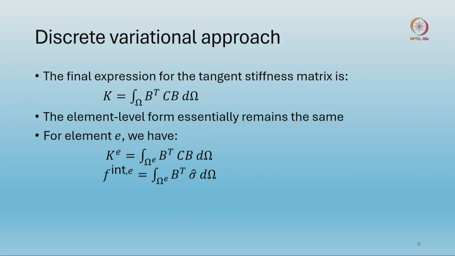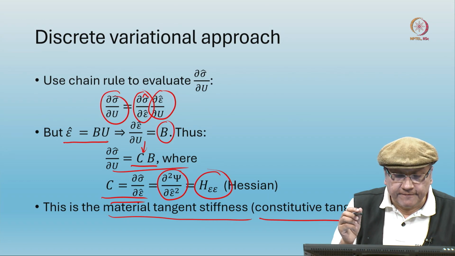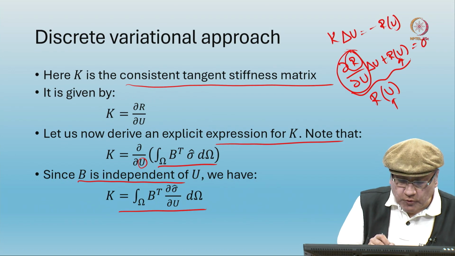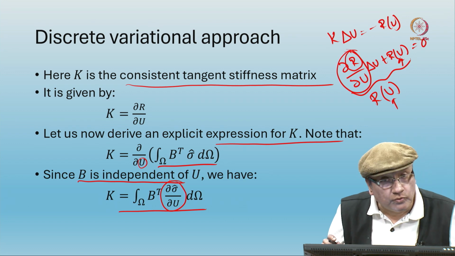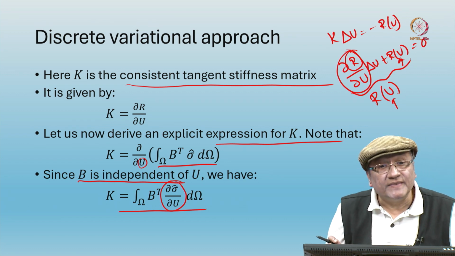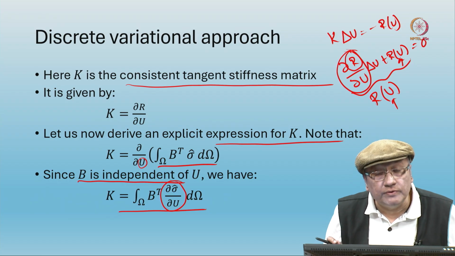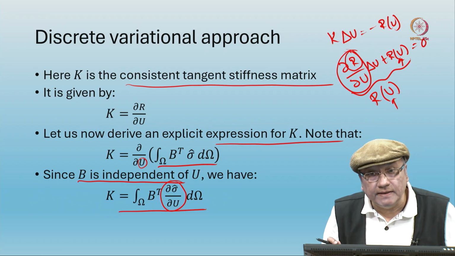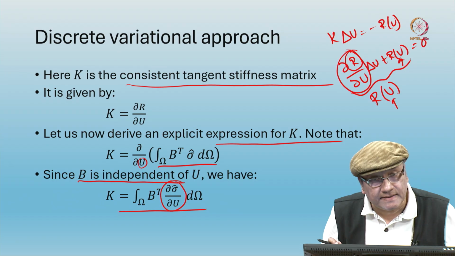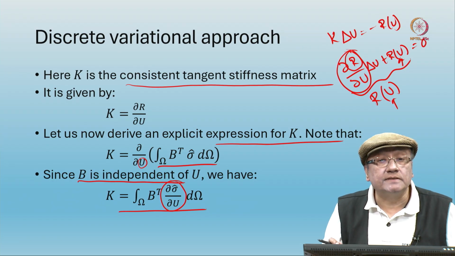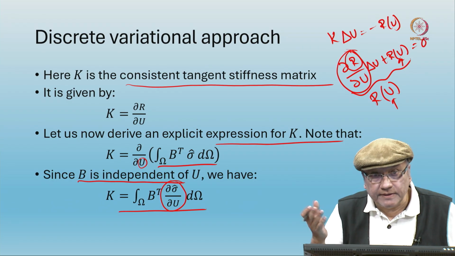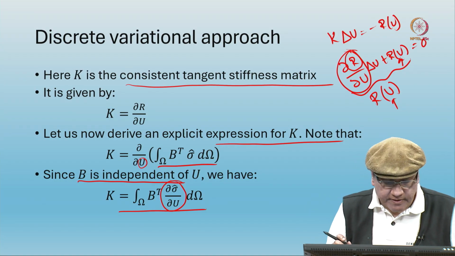Continuing with our discrete variational approach, we therefore have the final expression for the tangent stiffness. If you recall, the tangent stiffness is basically B transpose ∂σ̂/∂U, but we have already found ∂σ̂/∂U is equal to C times B. C is the matrix form of the elasticity tensor, appropriately linearized, and B is the strain displacement relationship.